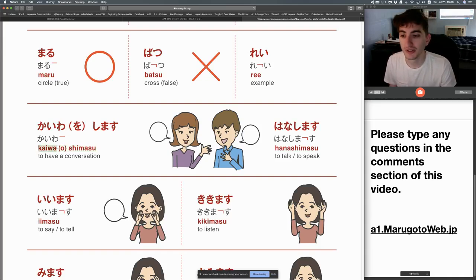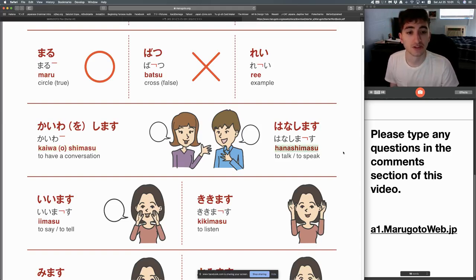So in Japanese, to have a conversation or to converse, you will literally say, conversation, I do. Literally. And you don't always need this を. Okay? You could just say 会話します. 会話します. Right? If you're being very polite and formal, right? Then you should add を. 会話をします. But usually we don't add を. Okay? To have a conversation.